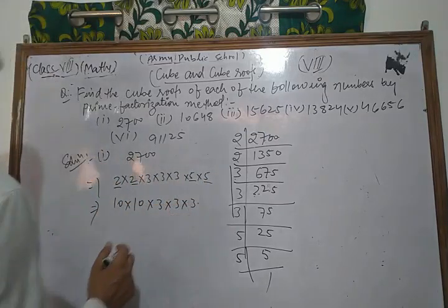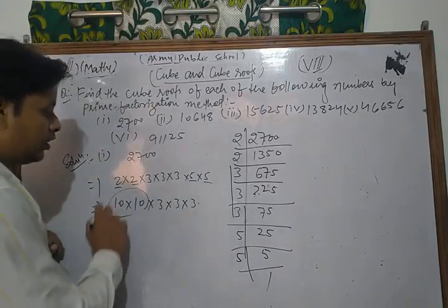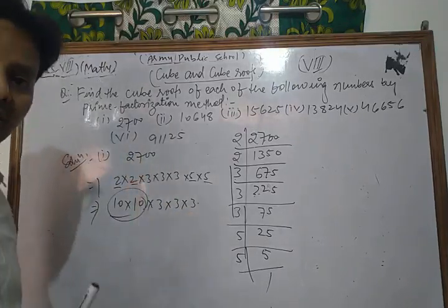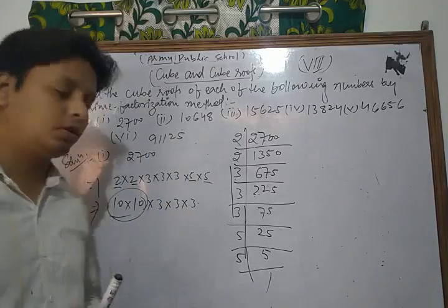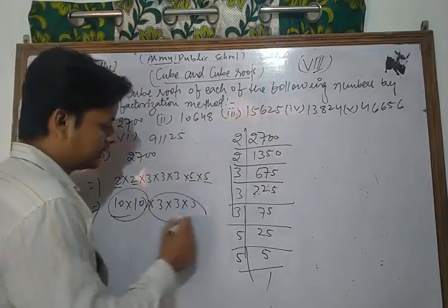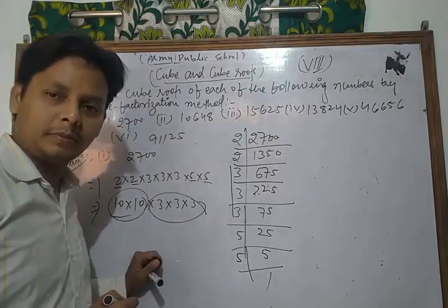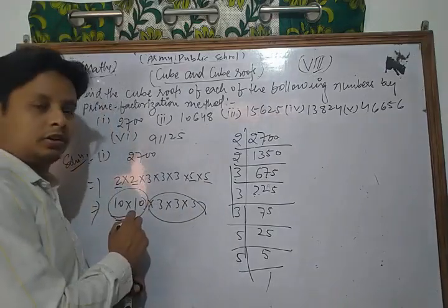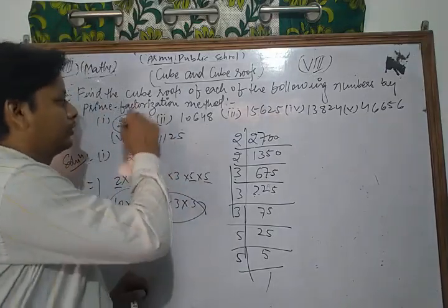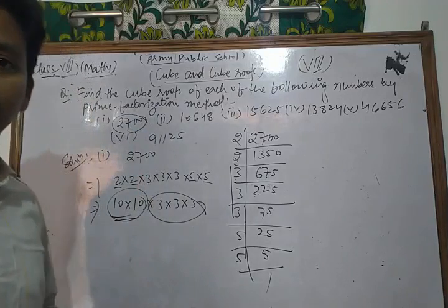So 10 is not in a group of triplets. The 3 is in the form of a triplet group, but the 10 is not. So the cube root of 2700 cannot be calculated.